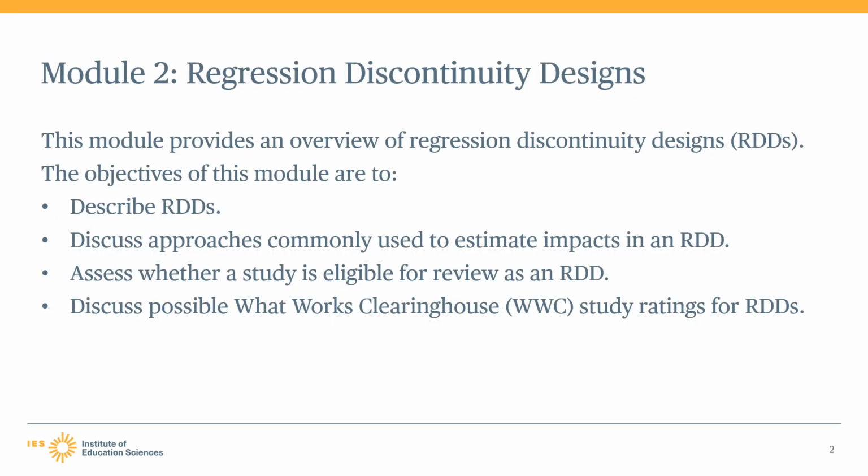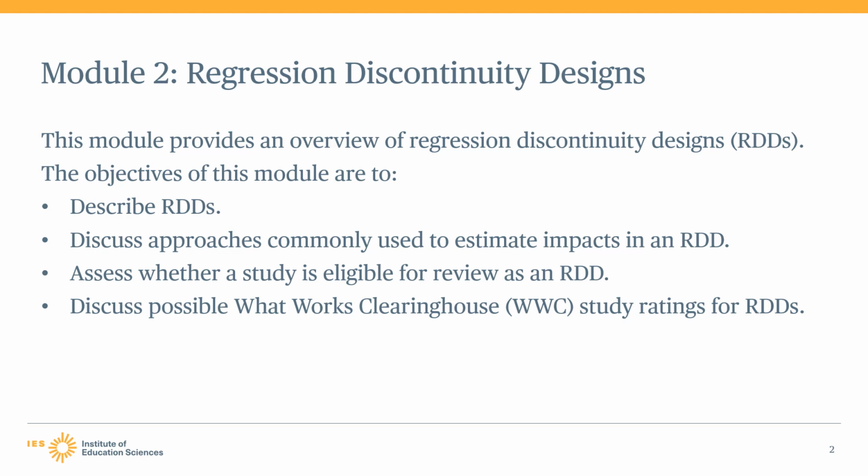This module presents an overview of RDDs and discusses approaches that commonly are used to estimate intervention impacts in these designs. This module describes how to assess whether a study is eligible for WWC review as a regression discontinuity design, and finally, this module discusses the possible WWC study ratings for these types of designs.